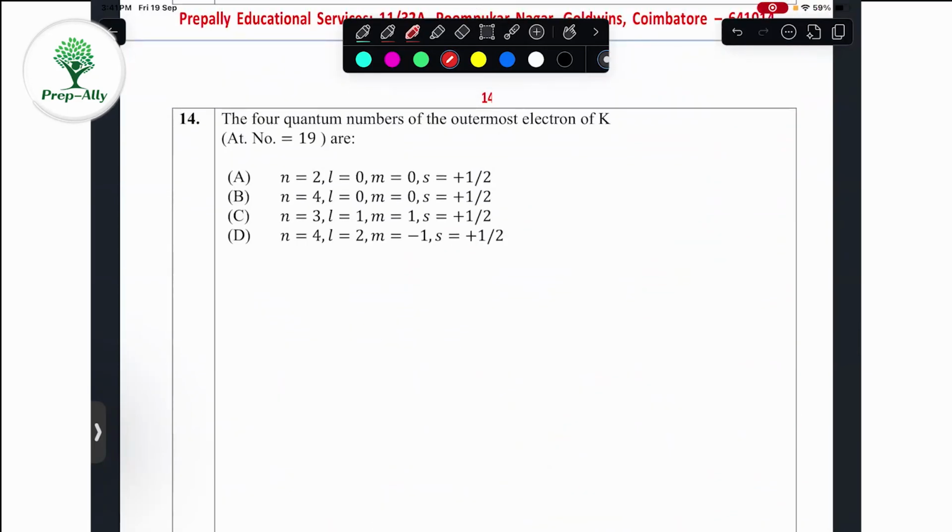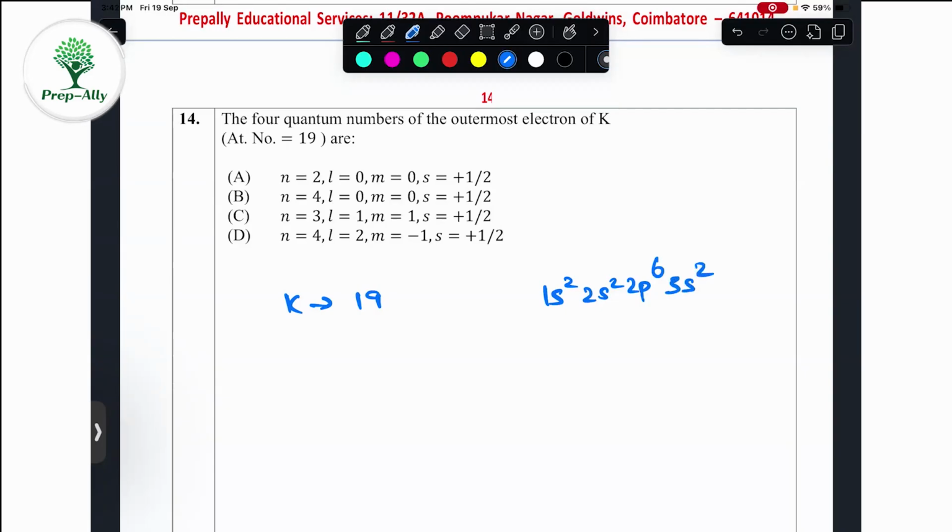The four quantum numbers of the outermost electron of K, potassium. So I have potassium, which has an atomic number of 19. I can write its electronic configuration: 1s2, 2s2, 2p6. This is the neon configuration. Then 3s2, total 10 electrons.